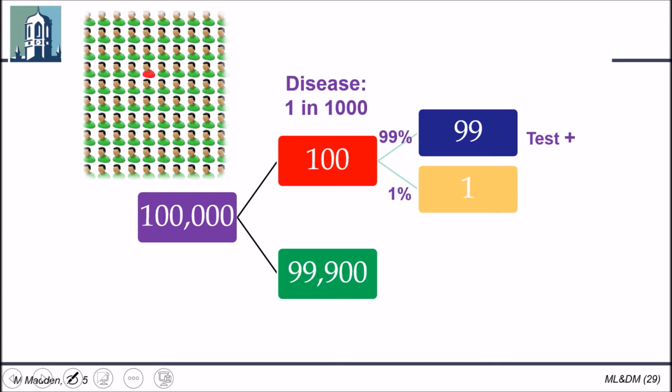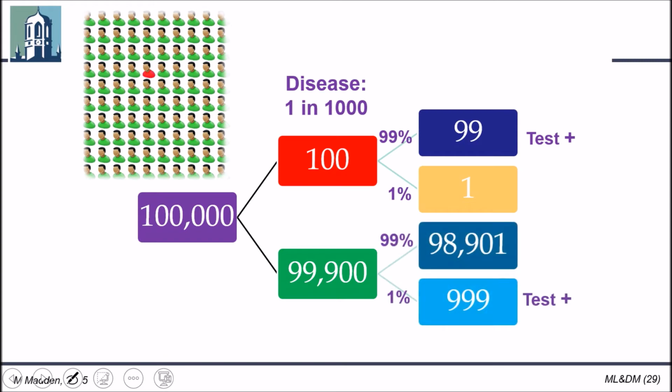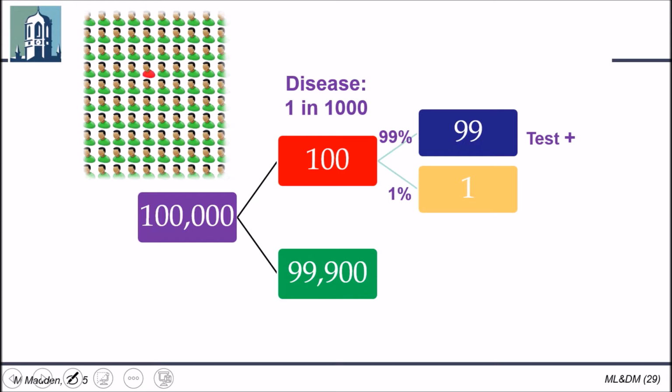Of those 100 people, we're going to apply the test. Remember, the test is 99% accurate. So, of these 100 people, 99% of them will be correctly diagnosed as having the disease, and 1 person will be incorrectly diagnosed as not having the disease.